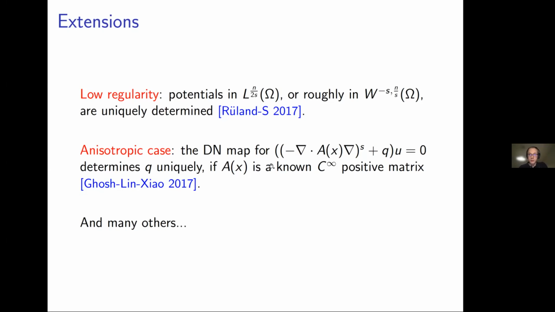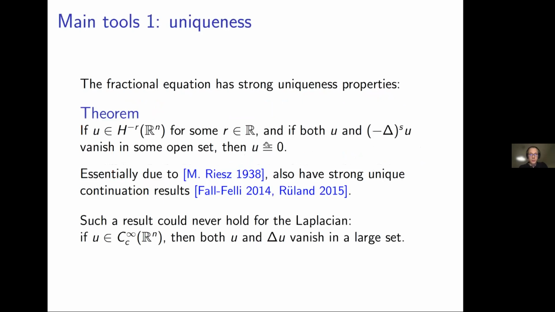Okay, but maybe it's more interesting to discuss what makes this possible. There are differences between the fractional and the classical second order equations. The first difference is this kind of strong uniqueness property for the fractional equation.